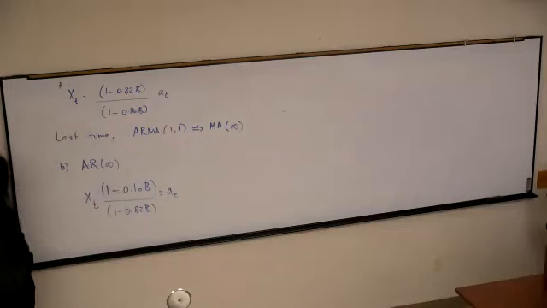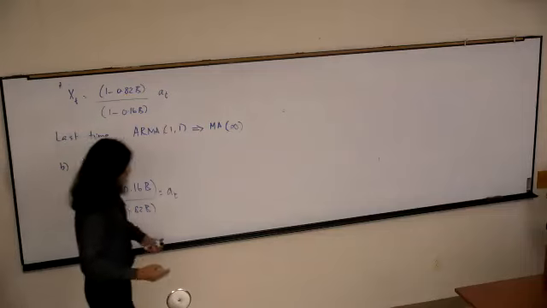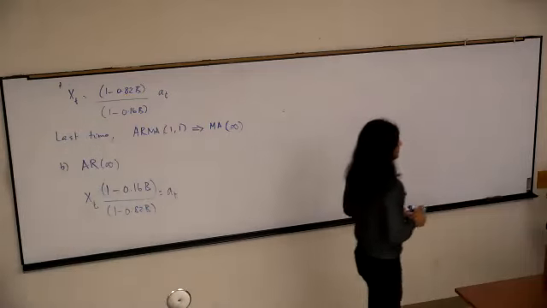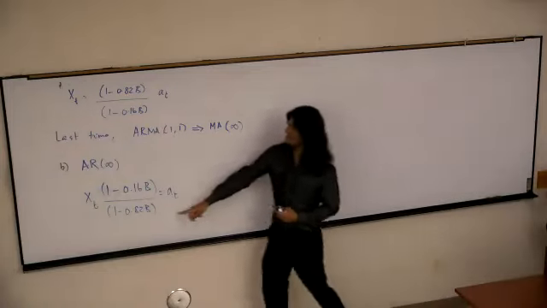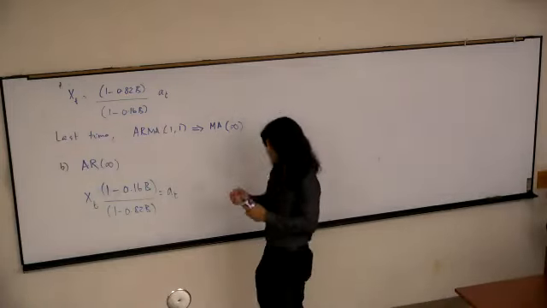Yes, I just flipped it. So the process is exactly the same. What we would do is long division again for this part right here, because you can go back and forth.